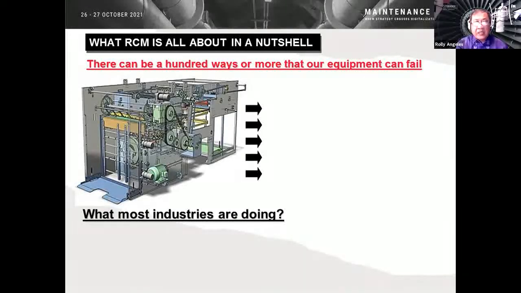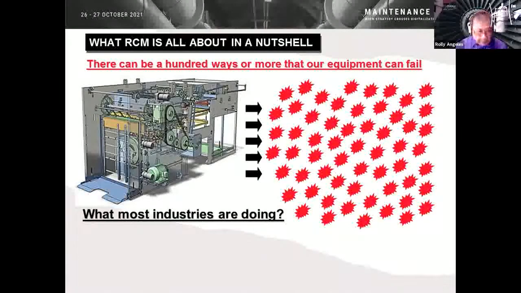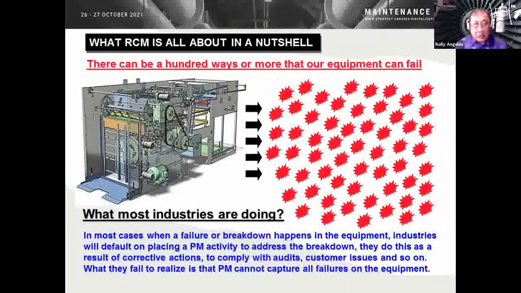Let's assume that these are the failures, and typically what happens is that every time industries experience a failure or a breakdown, what we do in most cases is that industries will default on placing a preventive maintenance activity in order to address that particular breakdown. So every time there is a breakdown, typically this is what they do.